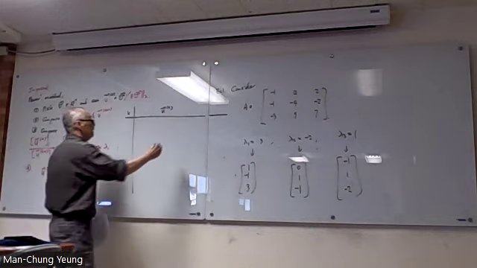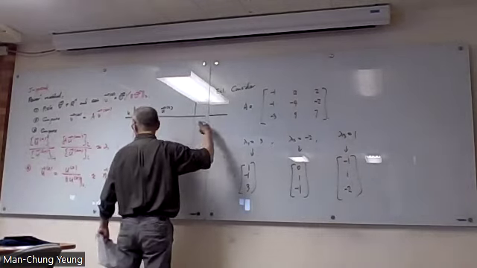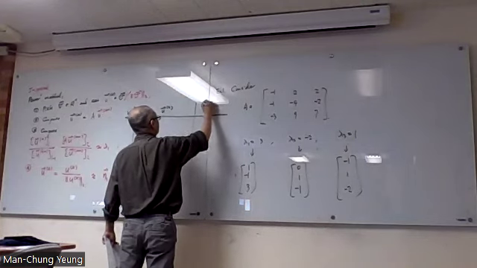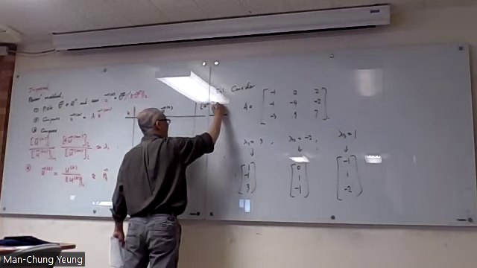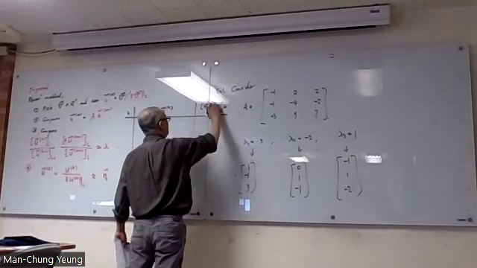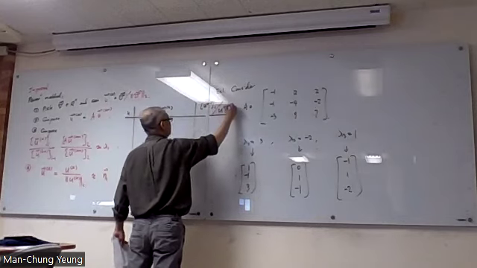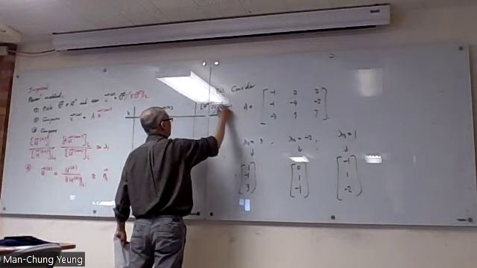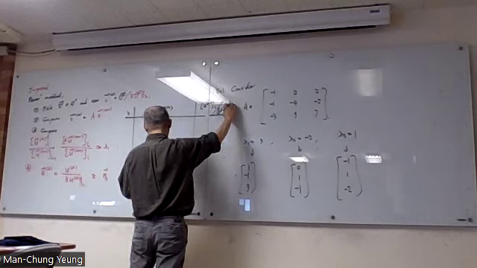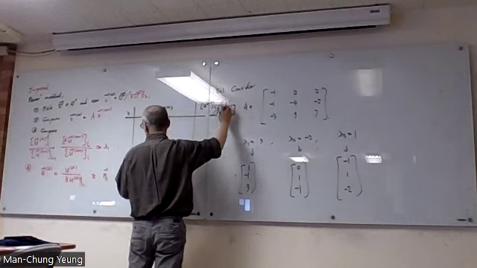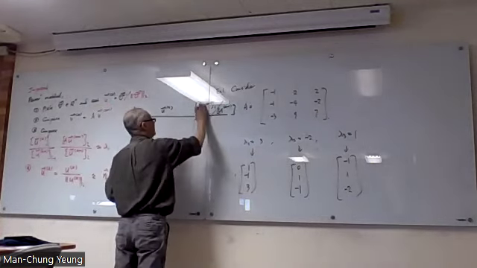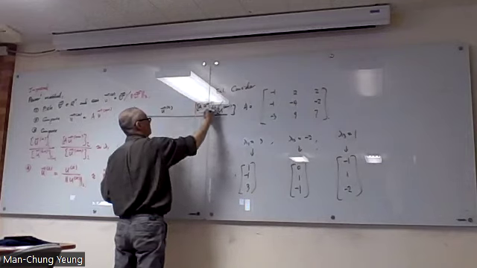And the last column is the first entry of A times u_{k-1} over u_{k-1}.